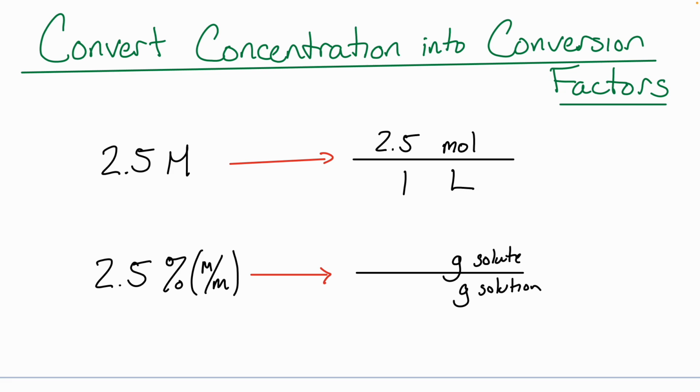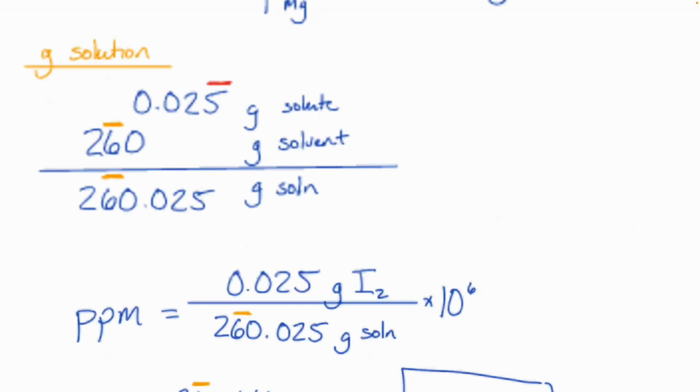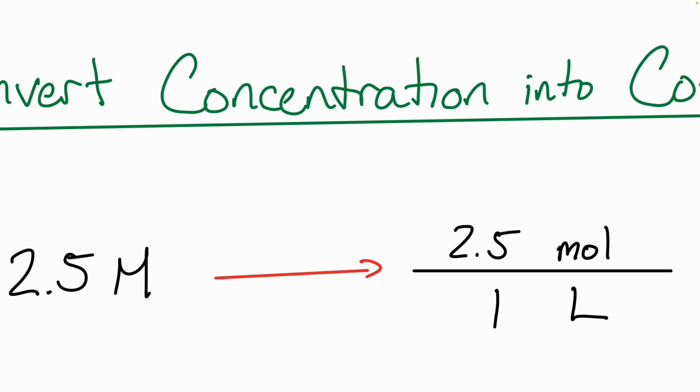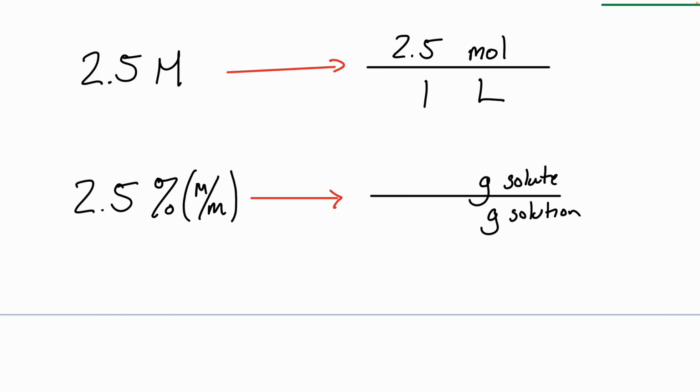But our definition of percent M over M had this factor F in there: grams of solute over grams solution times F. So importantly, when I'm turning this into something I use in my math, this isn't 2.5 grams of solute in 1 gram of solution.